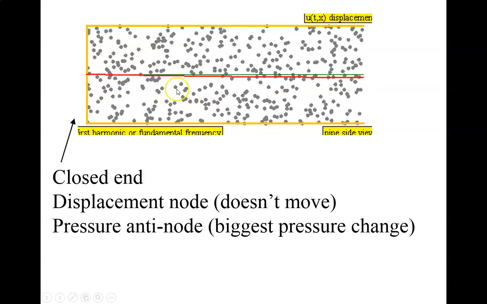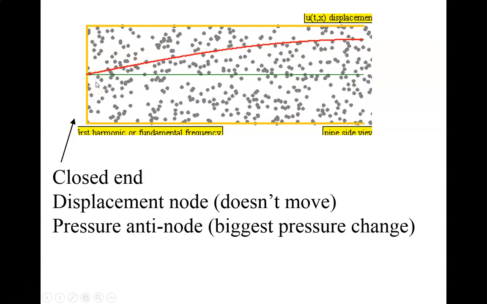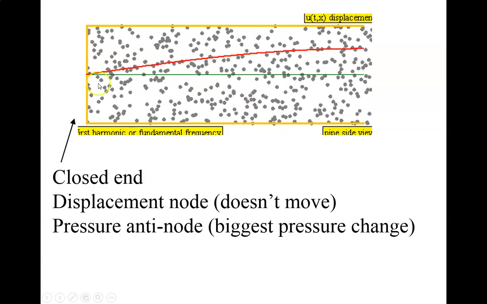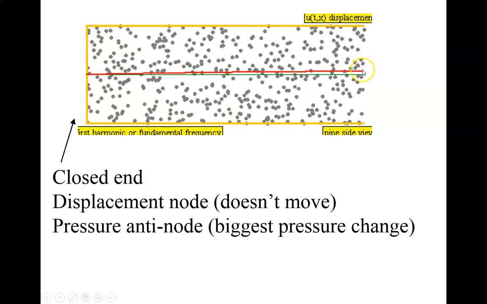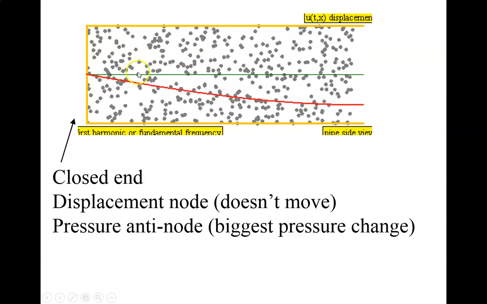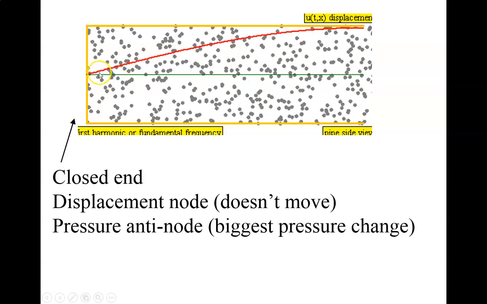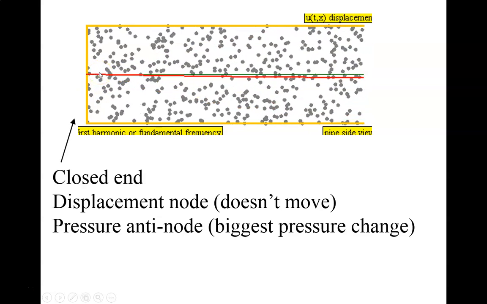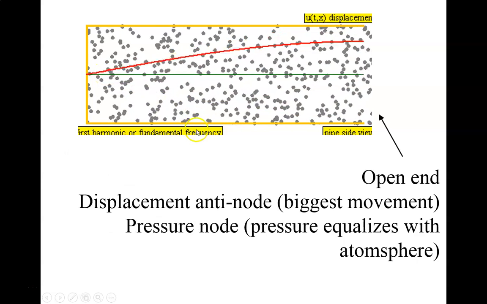You see they get the biggest change in pressure, the biggest change in spacing of the atoms, whereas over here the atoms stay pretty much the same distance apart. Here they get closer. It's easier to see over here. It's a faultiness of the applet.